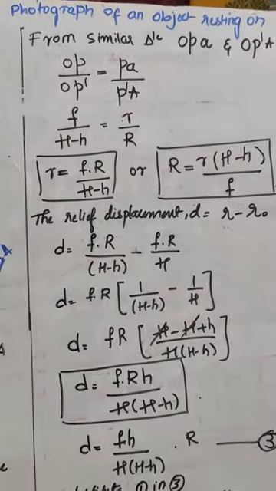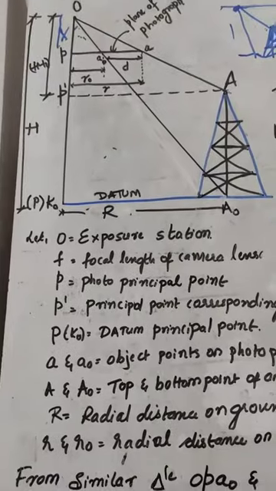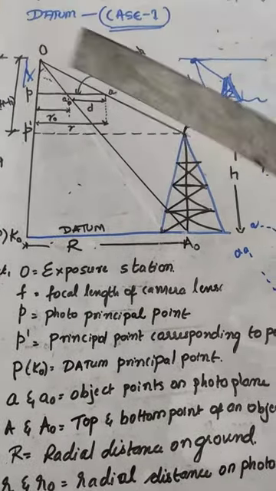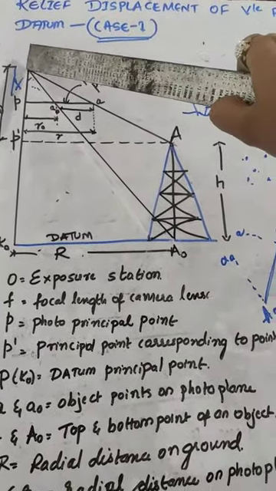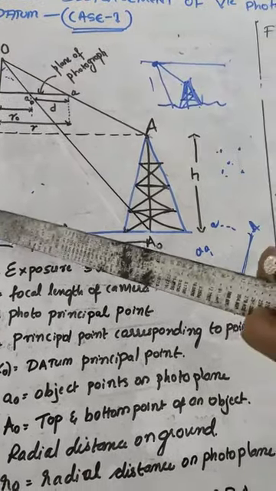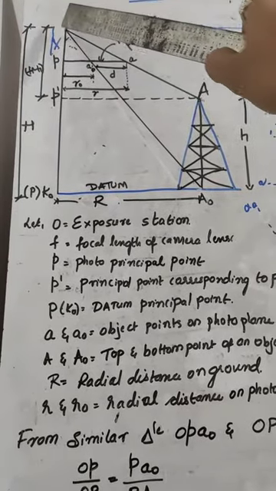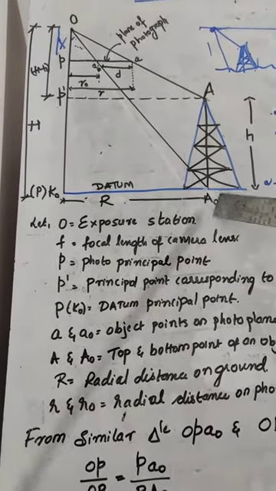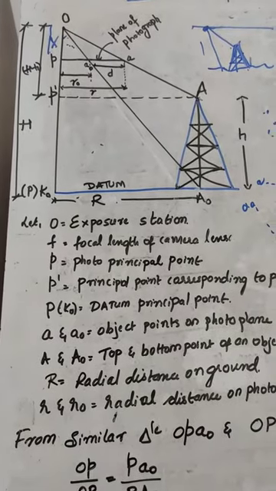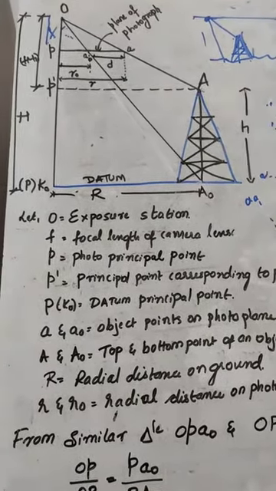Okay, so similarly we are taking one more similar angle triangle. First we applied the similar angle triangle for this portion, that is O small p A0 and O capital P capital A0. So the first similar angle triangle is applied for this triangle and the whole triangle.